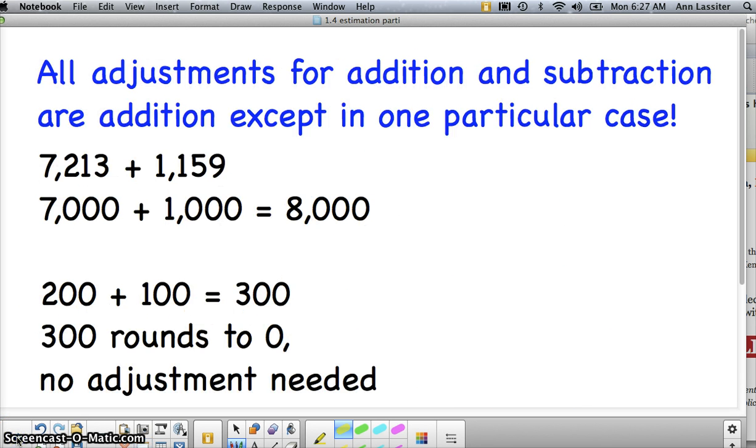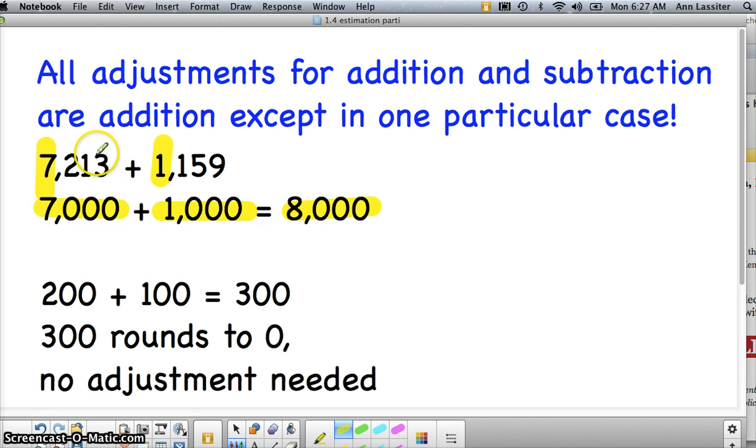The only time we use front-end estimation with adjustment is for addition and subtraction, and absolutely every time you are going to adjust by adding. There is one exception, and I am going to show that to you now. When we have 7,213 plus 1,159, we take the front end, the 7 and the 1, so we have 7,000 plus 1,000, and we get a total of 8,000.